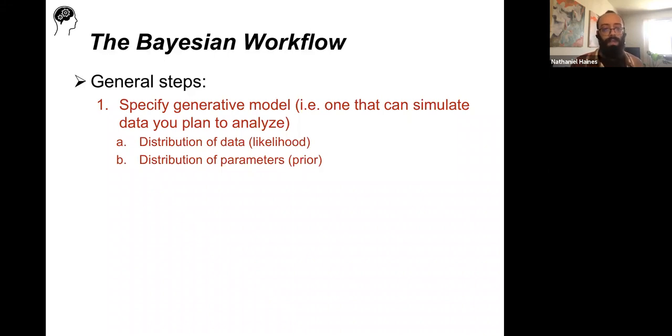If we can create a model that can simulate data that look similar to what we might actually observe in our experiment or our study, whatever it might be, then we have specified a generative model.